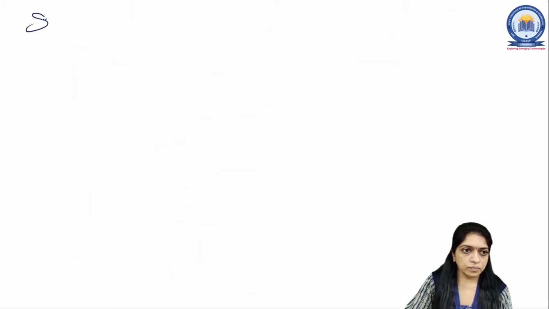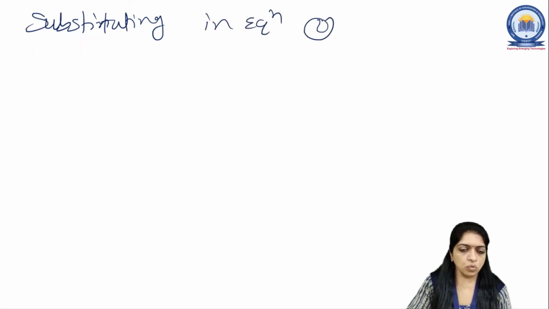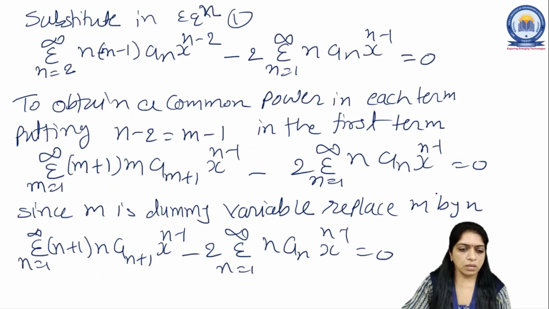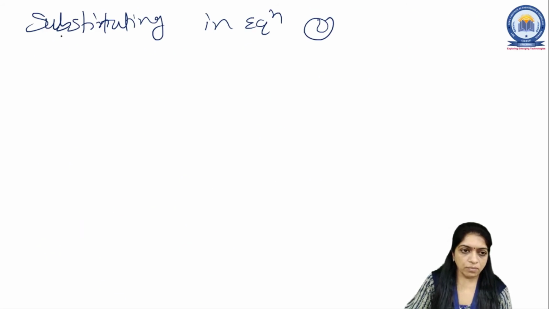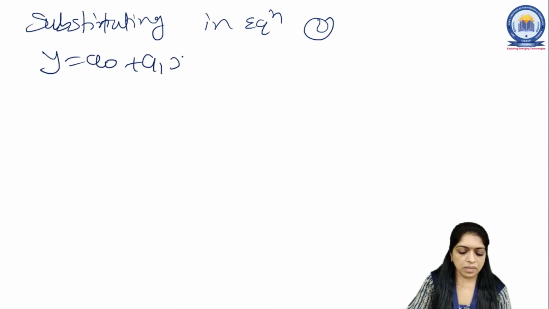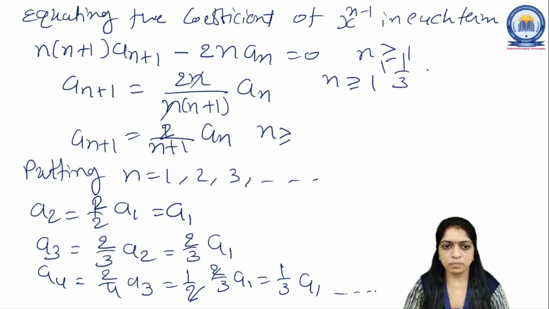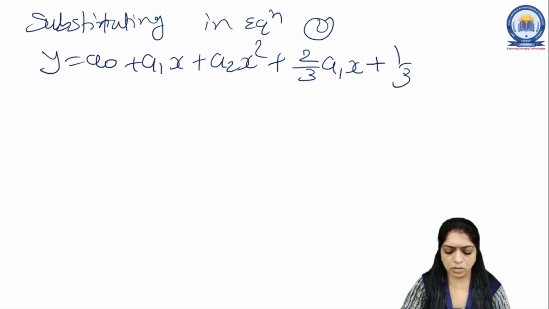Substituting in equation 2, here y equal to a0 plus a1x plus a1x square plus 2 by 3 a1 x cube plus 1 by 3 a1 x raised to 4, up to so on.